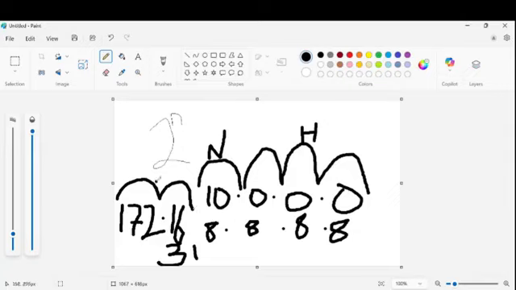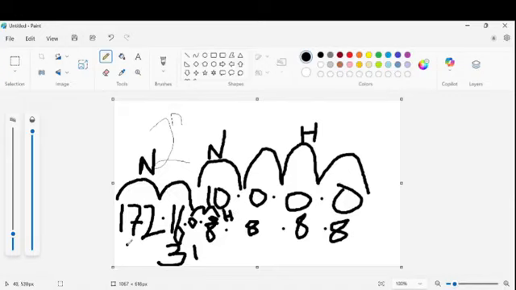In this case, these first 2 octets will be the network, and if you probably have .0.0 here, this will be the host.